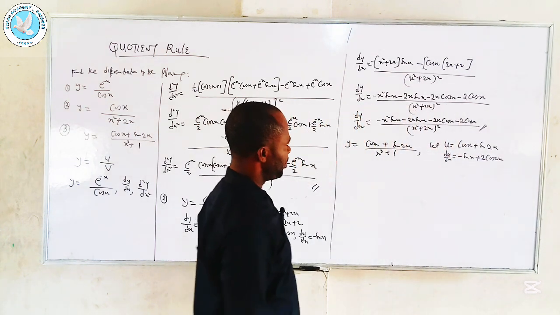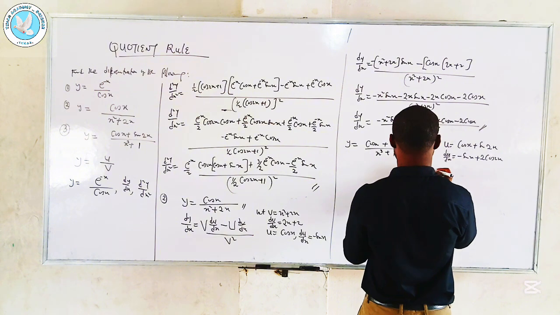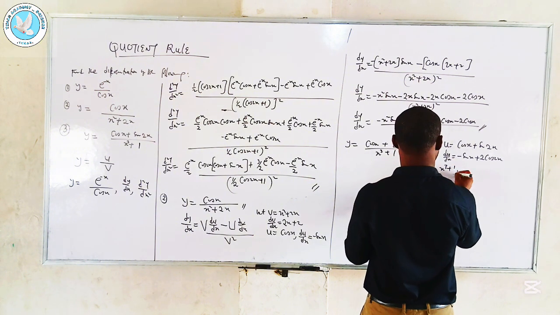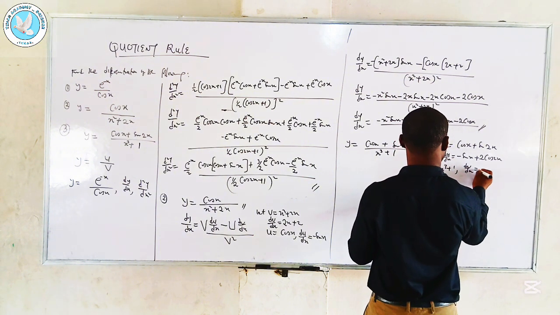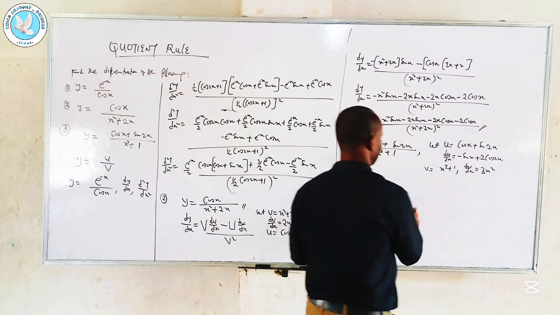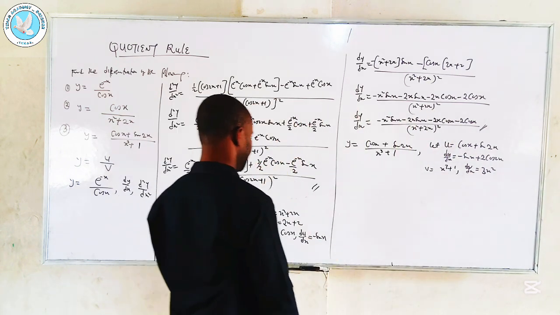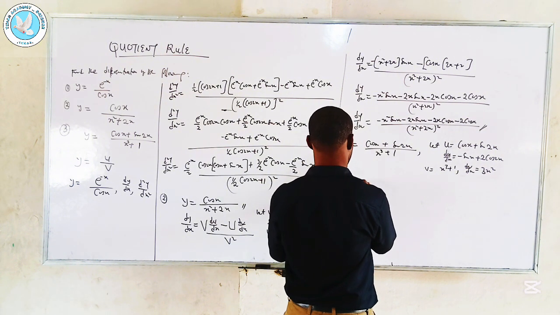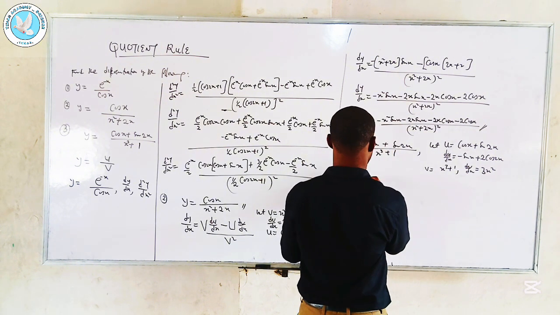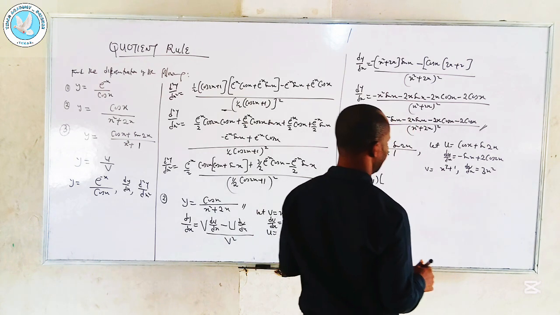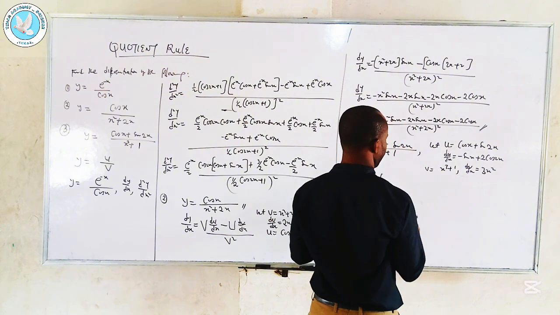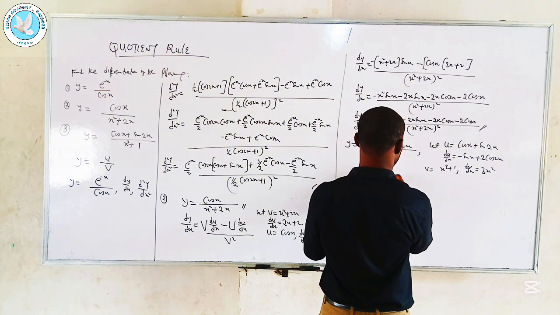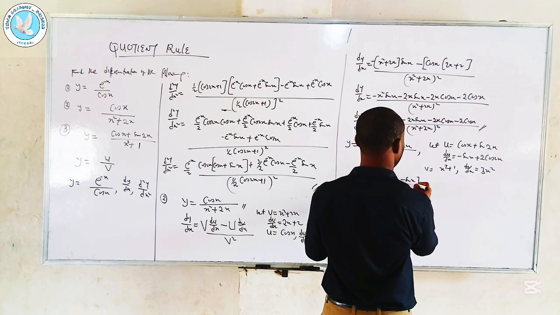So at this point we are also saying that v is this and dv/dx is 3 that. So let's see how we can introduce the quotient rule formula, and dy/dx is giving us v, v is this plus this, multiplied with the du/dx. So that is giving us 2 cos 2x minus this.